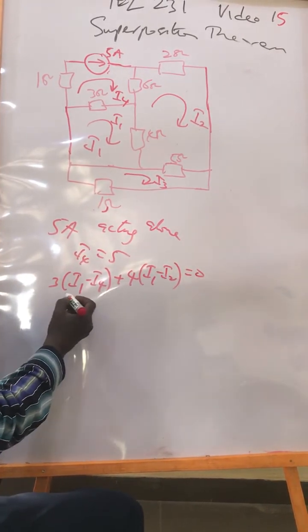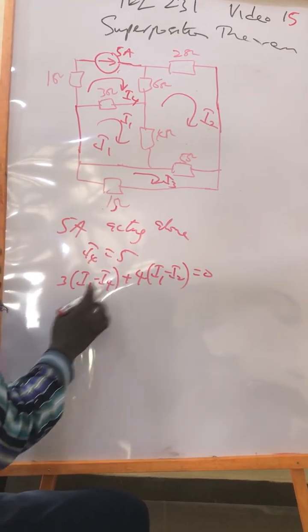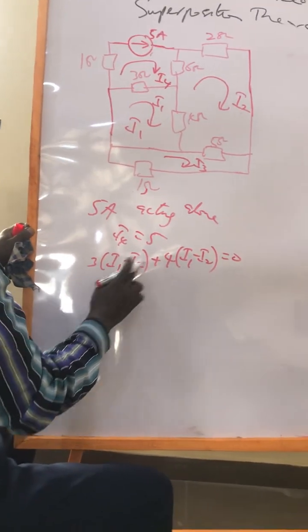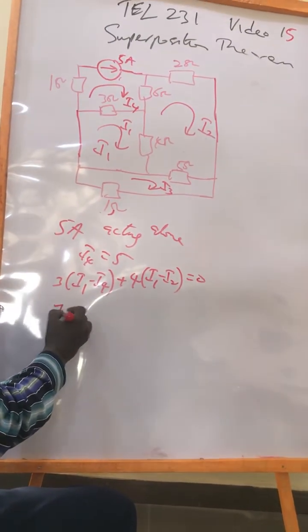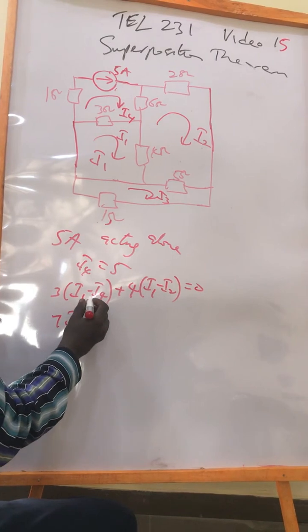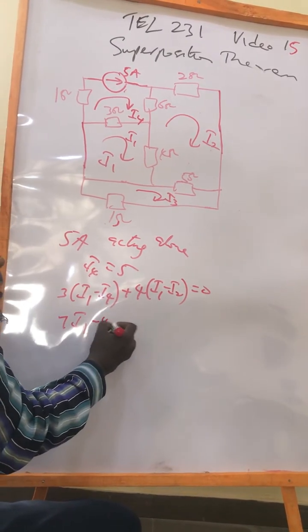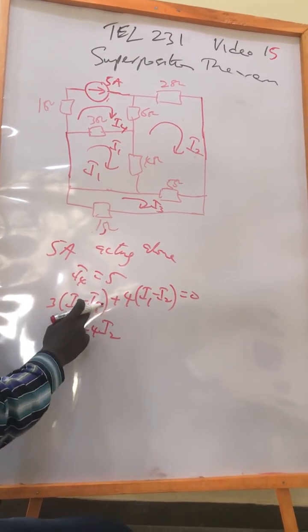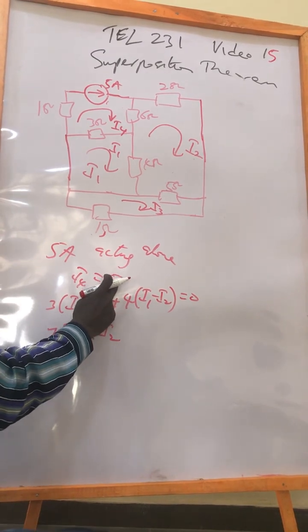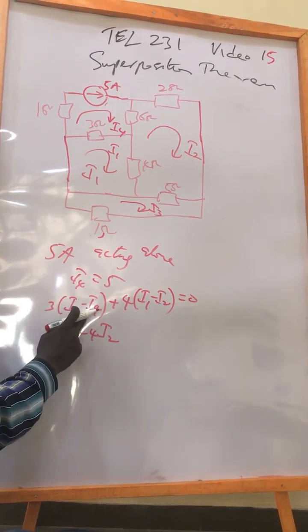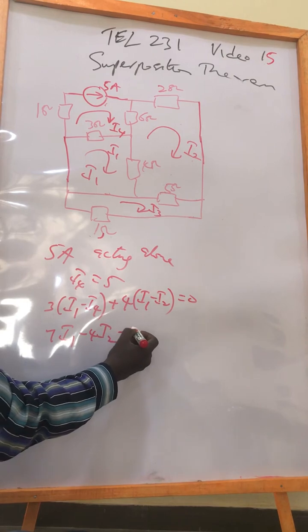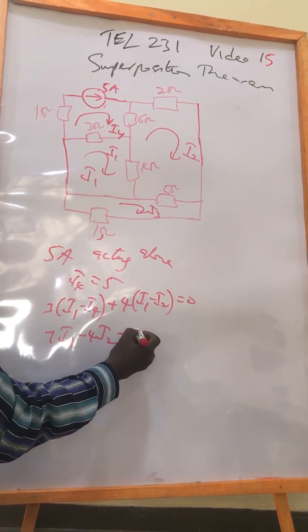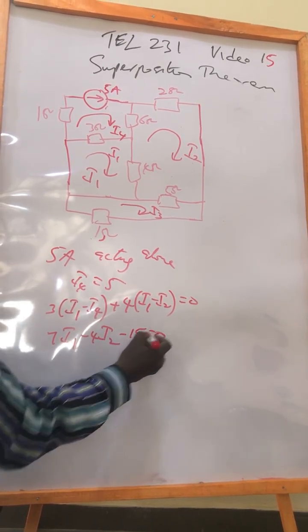So let me combine them. For I1, I will have 3 plus 4, that is 7 I1, minus 4 I2. But I4 is 5, so 3 times 5 gives minus 15, equals 0.